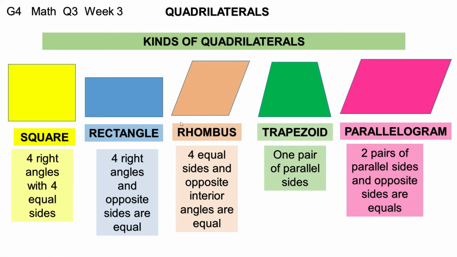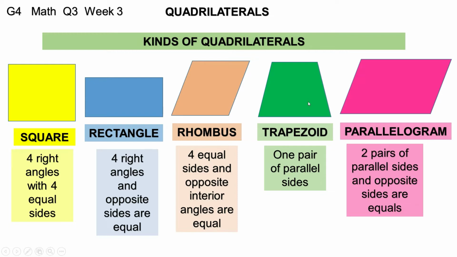Wala siyang right angle. And opposite interior angles are equal, so yung magkatapat na angles are magkasing sukat. So this one, pareha sila ng angle, at saka this one, and this one, yung magkakatapat, are equal.